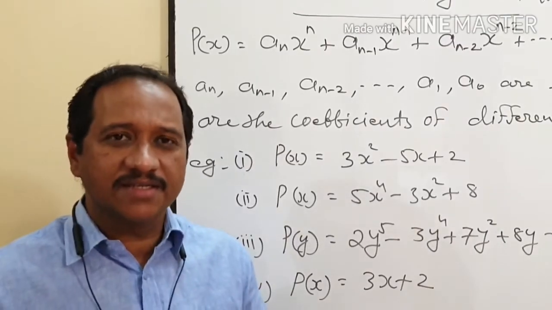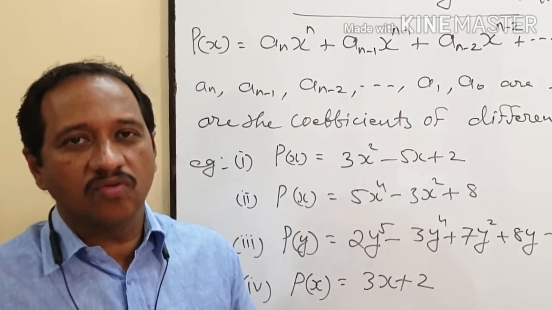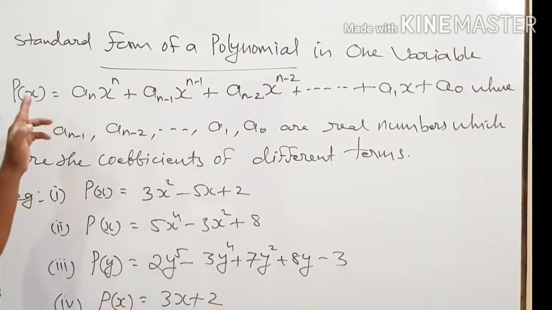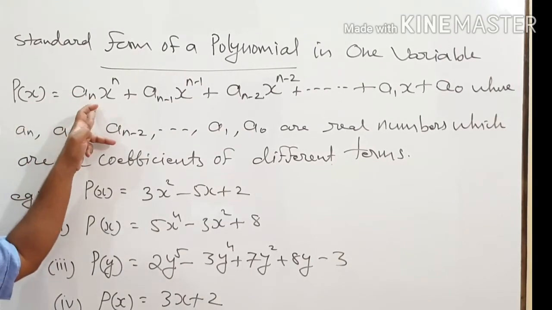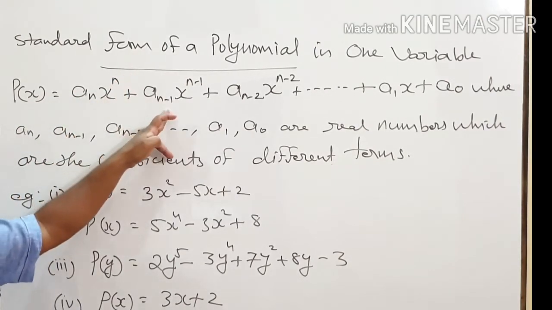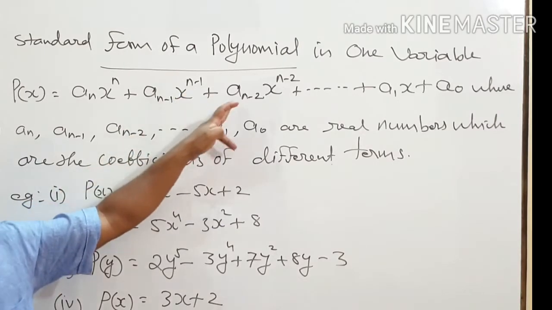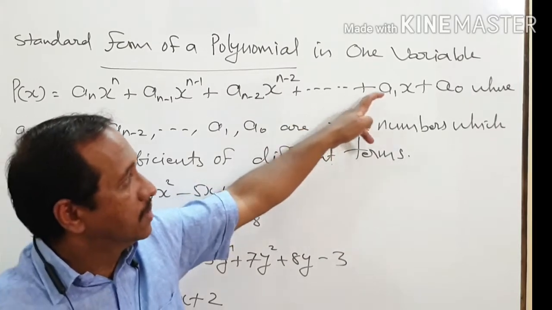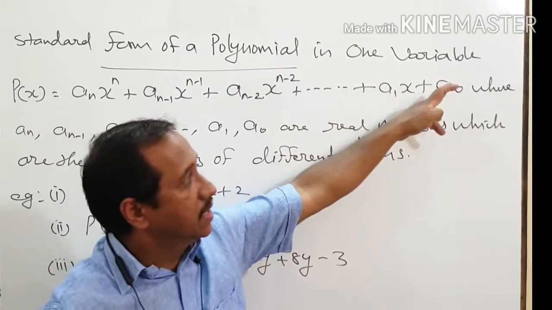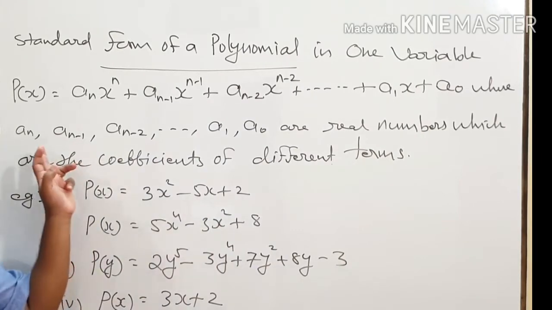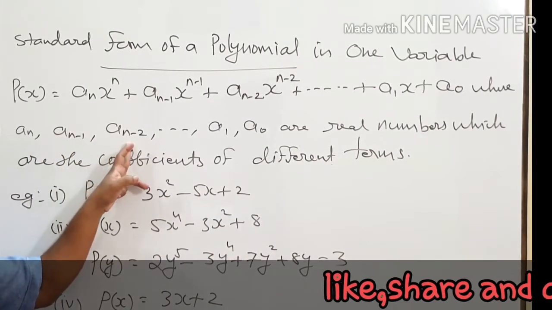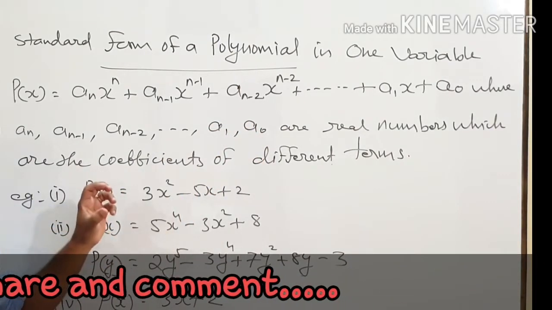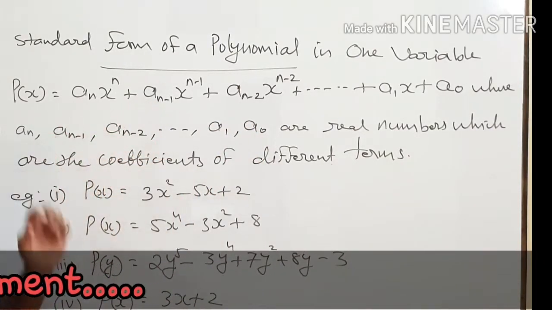Now let us see the standard form of a polynomial in one variable. The standard form is p of x is equal to a_n x raised to n plus a_(n minus 1) x raised to n minus 1 plus a_(n minus 2) x raised to n minus 2 plus and so on, plus a_1 x plus a_0, where a_(n minus 1), a_(n minus 2), and so on, a_1, a_0 are real numbers which are the coefficients of different terms.